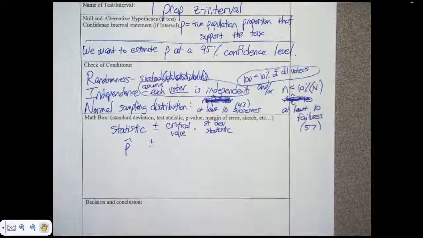These are the two formulas that will be on your next test: T interval and Z interval. Same setup. You put the statistic here: for means it's X bar, for proportions it's P hat. You put the critical value here: if it's means, you use T, if it's proportions, you use Z. And you put the standard deviation here, the standard deviation of the sample mean or the sample proportion. These should have hats.